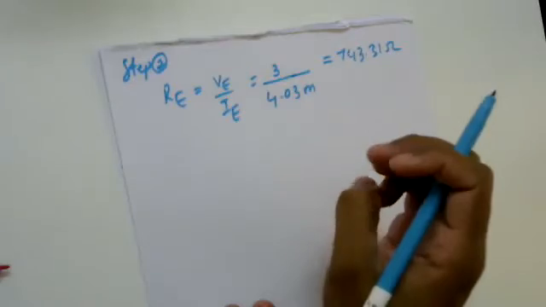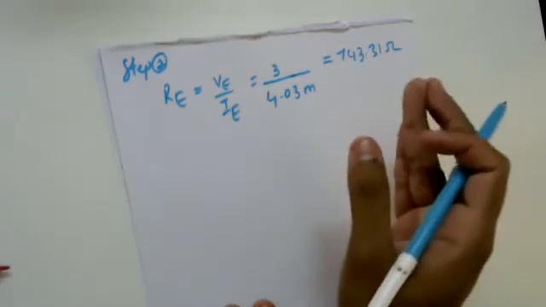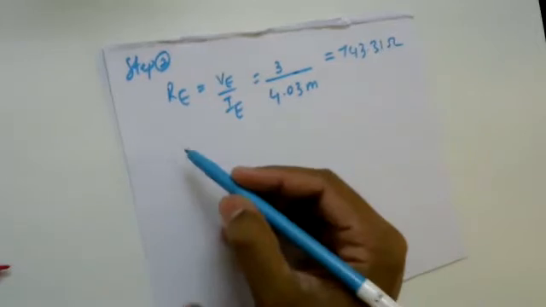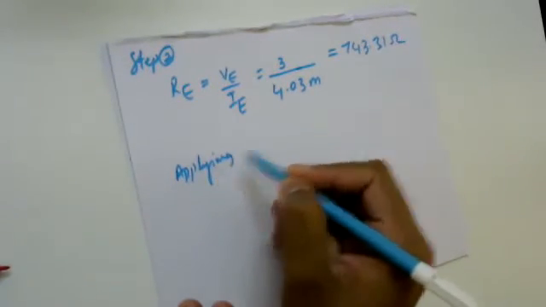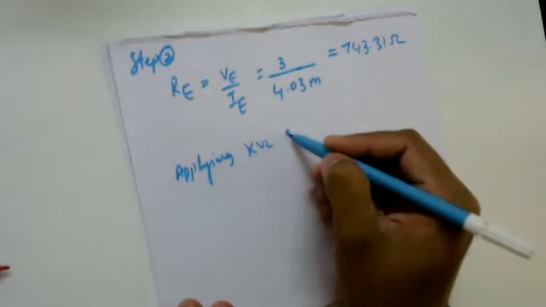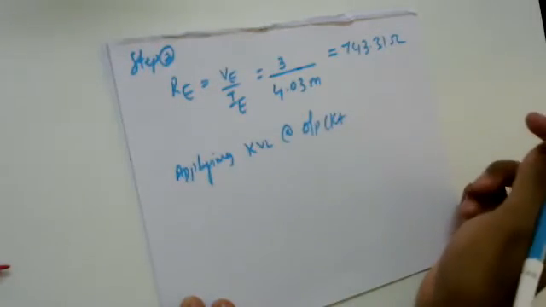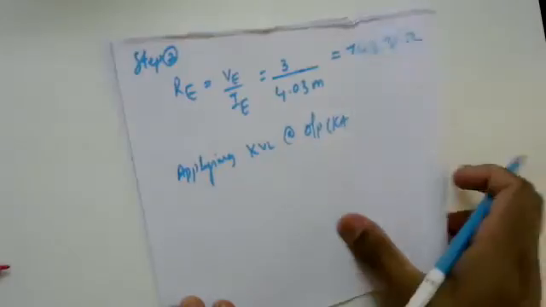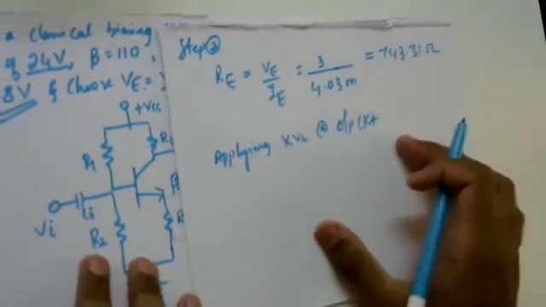If I apply the KVL to the output circuit, I can write here applying KVL at output circuit. Okay, you know the equations, right? So if I apply the KVL at the output circuit, what am I going to get?